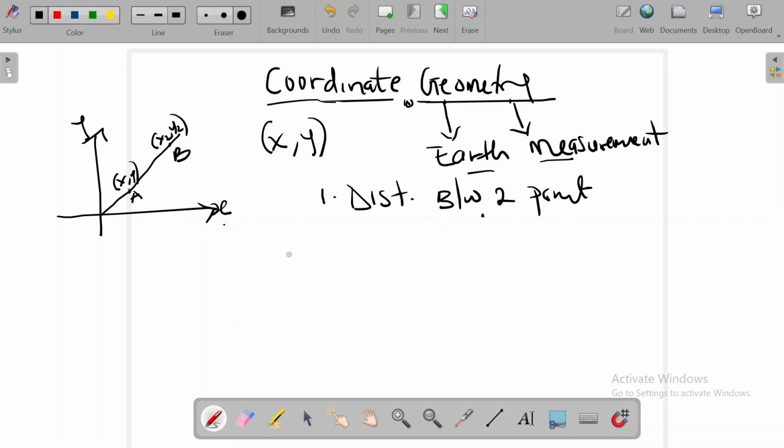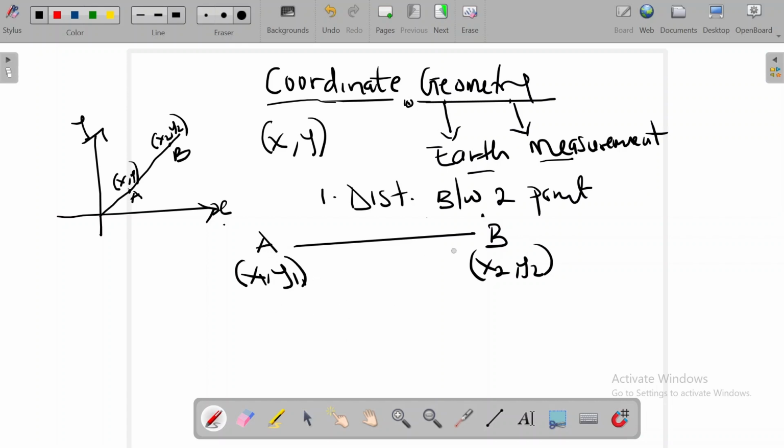Point A must have a value x, y. Point B must also have a value x2, y2. I can decide to call this x1, y1 to just make it a little bit clearer. So this is called point A and point B.